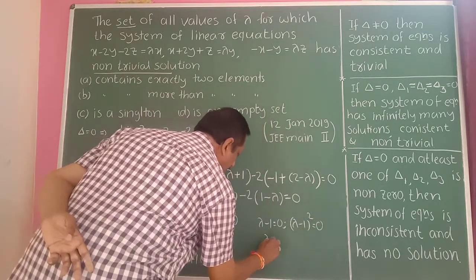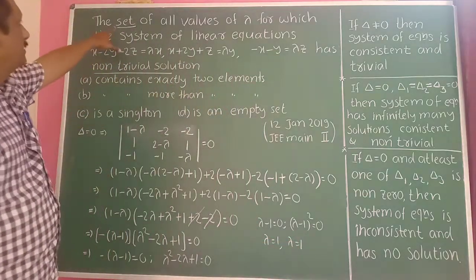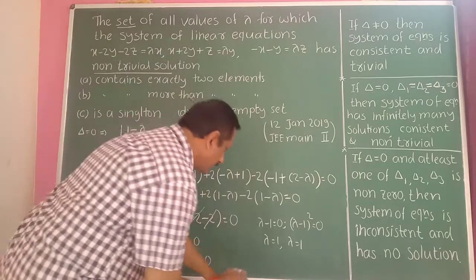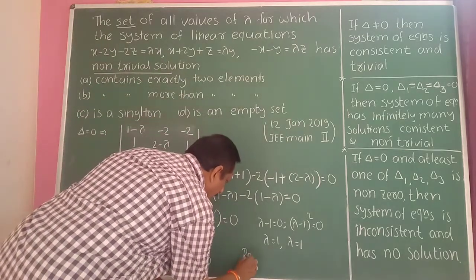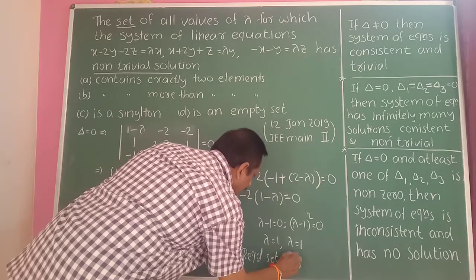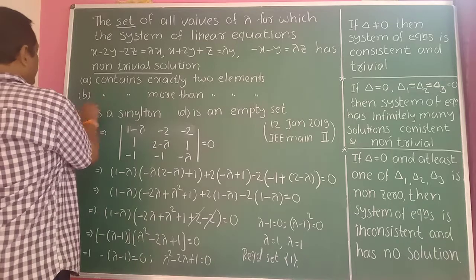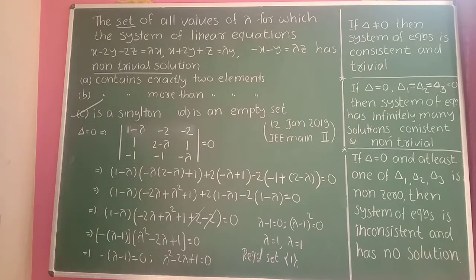Therefore in both cases lambda value is 1. Therefore the required set is 1, a singleton. Only one element in that set.